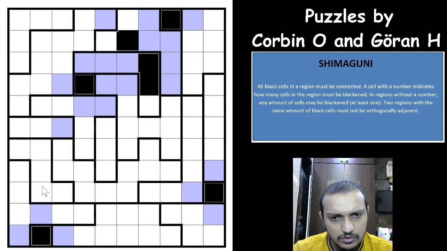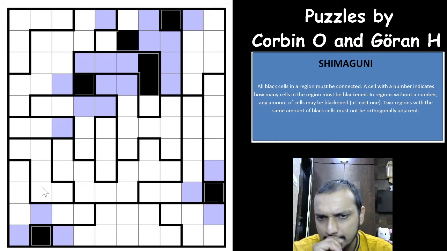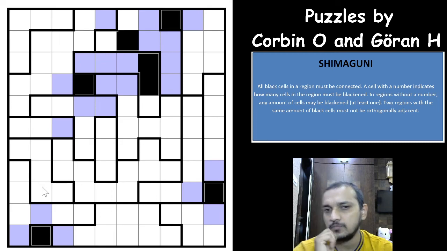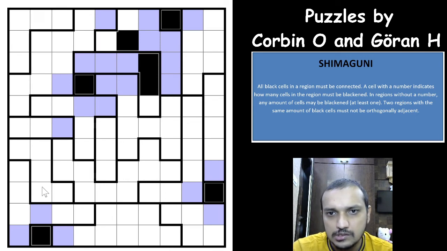Of course, this cell cannot be shaded. It's a really tricky one actually. If you have two cells shaded, it means three will be shaded here.